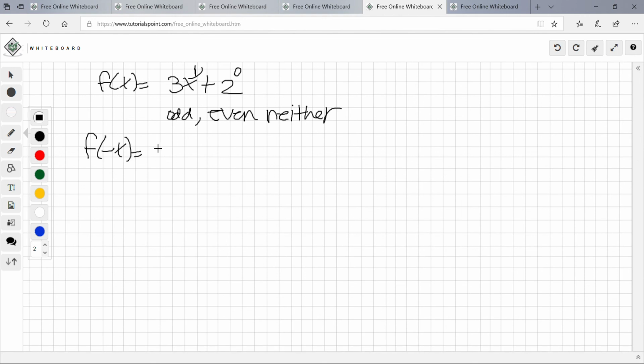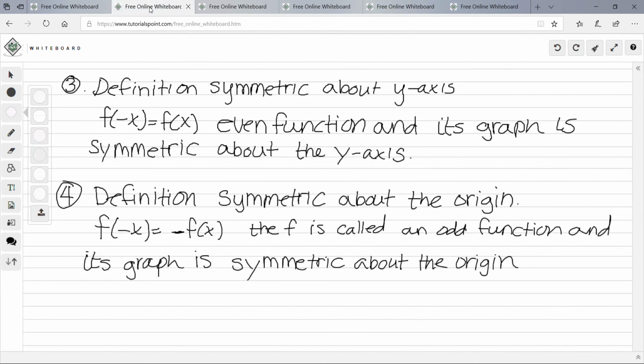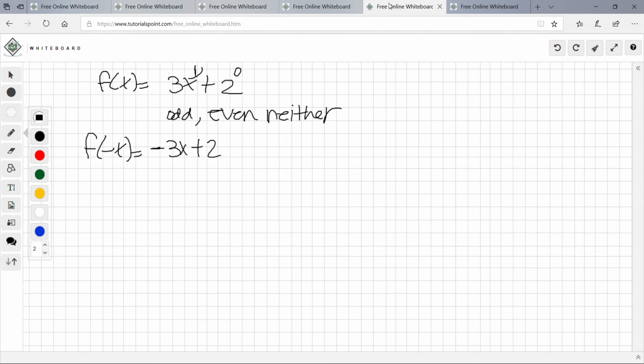So 3 times negative, it would be negative 3 plus 2, which is negative 1.